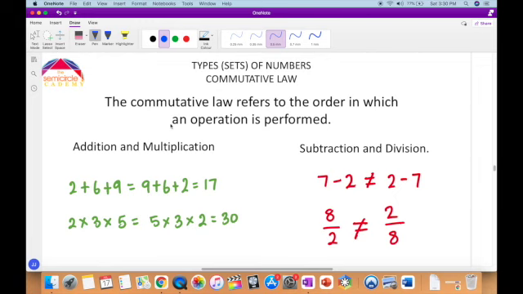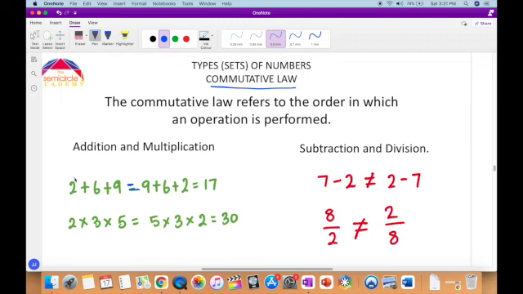So the first thing we have here is the commutative law. The commutative law refers to the order in which an operation is performed. For addition and multiplication, if we look at 2 plus 6 plus 9, that is equal to 9 plus 6 plus 2.